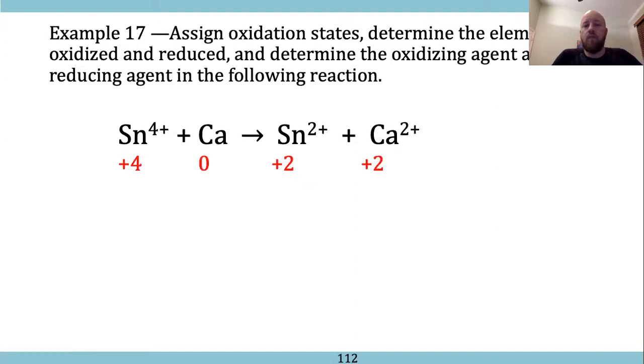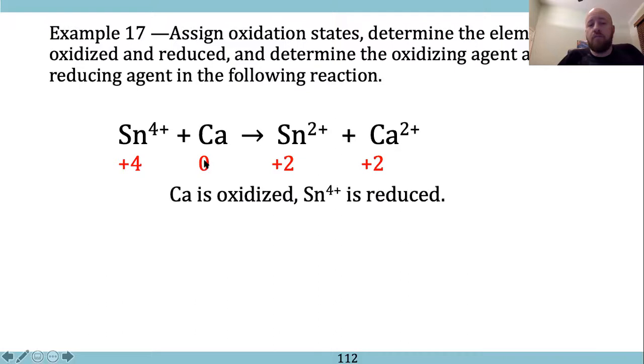All right, so in this particular problem, everything's pretty straightforward. The charges are the oxidation states. Three out of the four have charges on them, so they're pretty easy. Calcium is a 0, so the calcium is going from 0 to +2. The tin is going from +4 to +2.